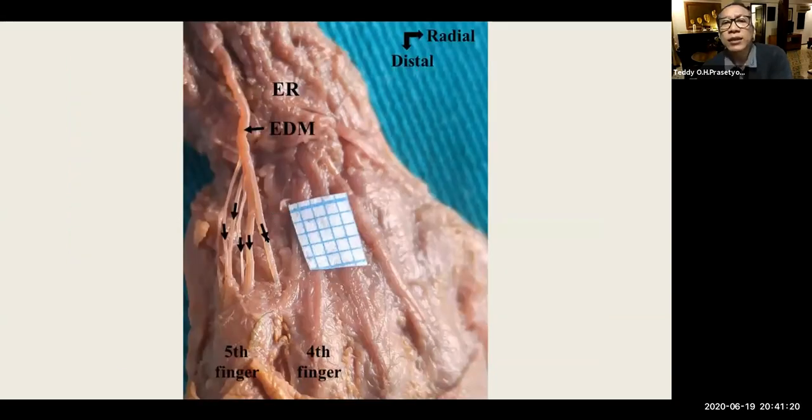The 5th finger comes with 1, 2, 3, 4, 5. That's quite unique. Extensor digiti minimi, which is different from the EDC for the 5th finger. So this is separated in a different sheath here, which is not, remember, the EDC. So in what compartment is this one? Correct. Yes, compartment number 5.